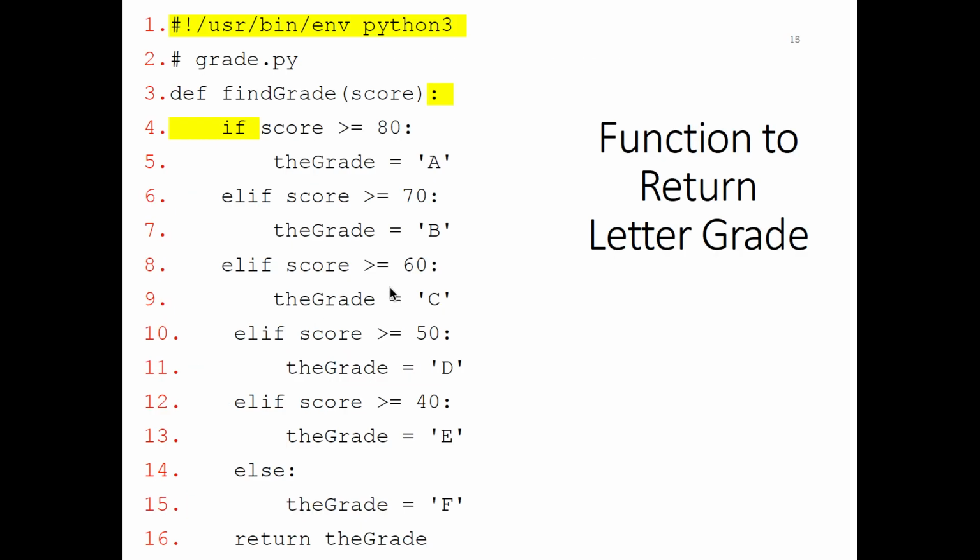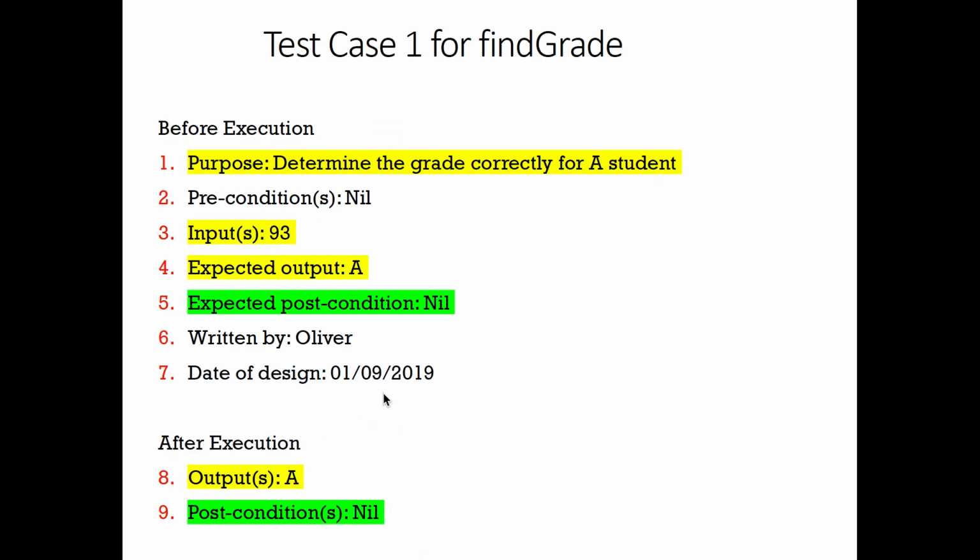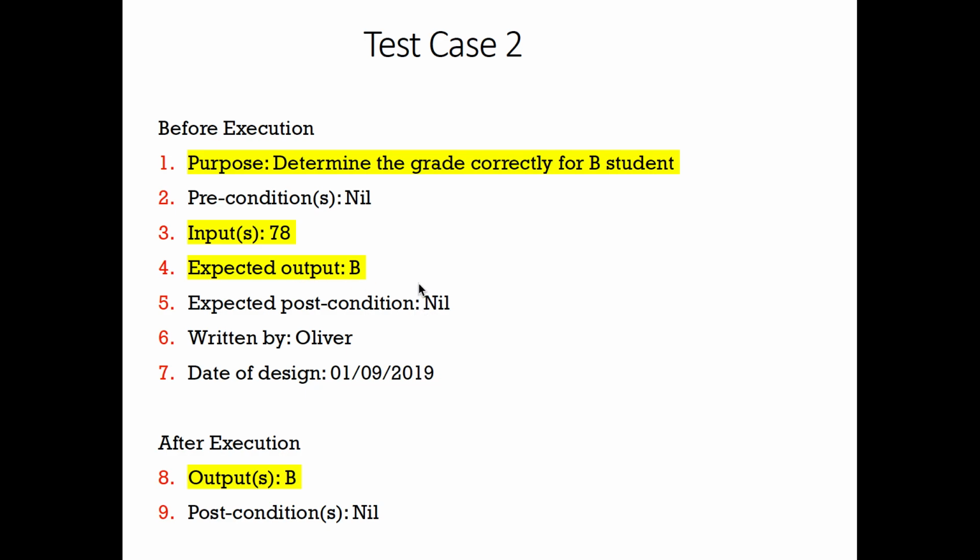Since we really have no side effect, it is nil. If it were a database operation, then we may have a post condition of updating our record in the database. Test case 2: 78. If that's the input, we want to get a B. So you give a mark, and it is converted to the correct grade. So these are 2 test cases.